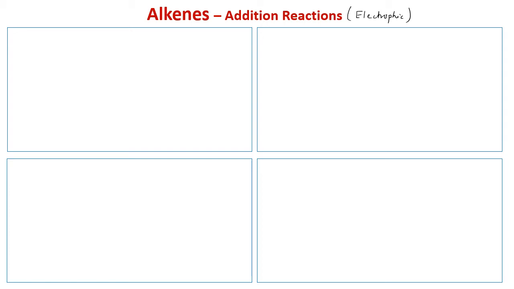So we're going to categorize them by what we can achieve by each one of these reactions or sets of reactions. The first one is going to be converting an alkene into an alkyl halide.